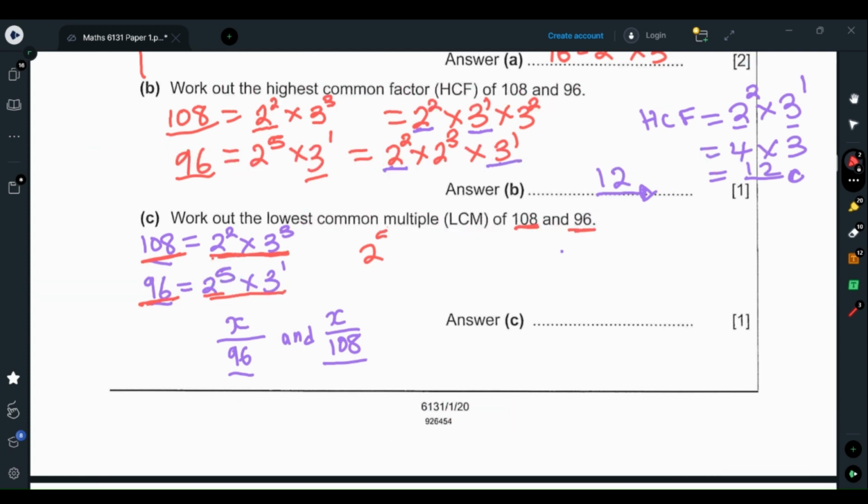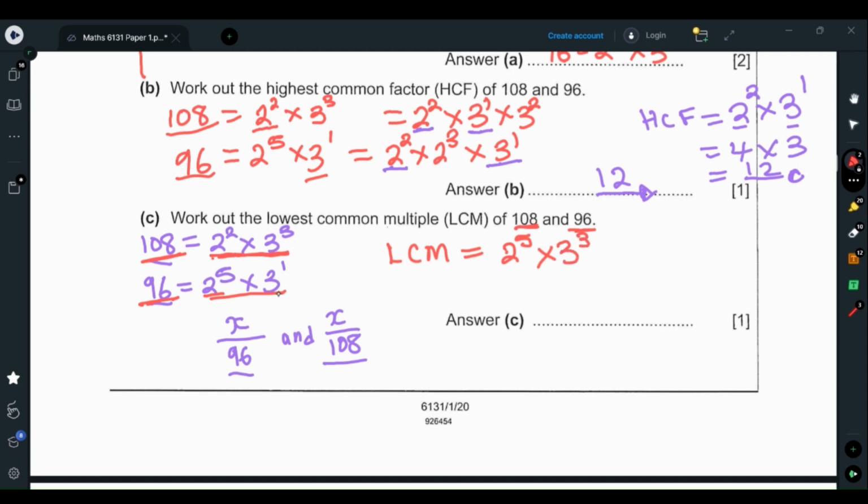So, let me say LCM, we have 2 to the power 5 times 3, okay, so 3 to the power 3.